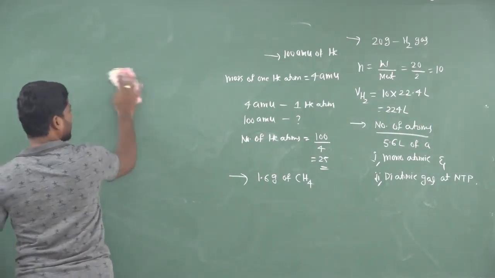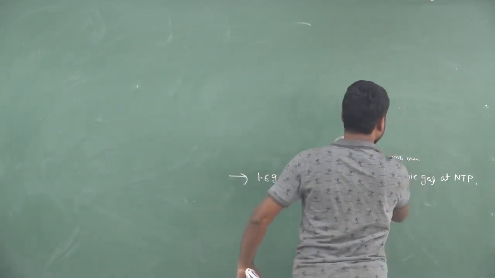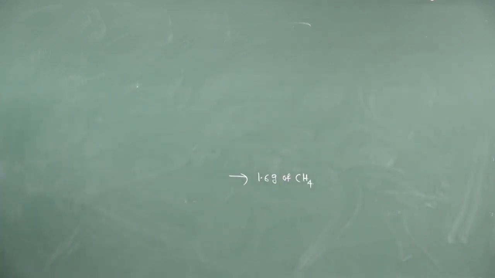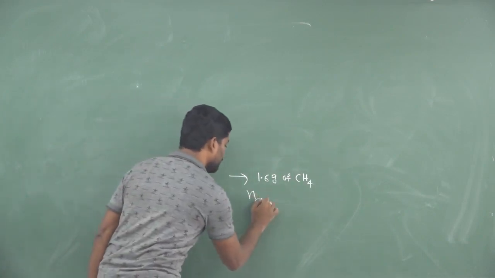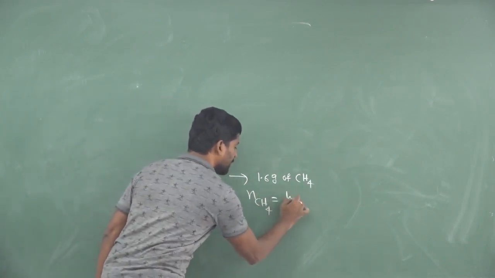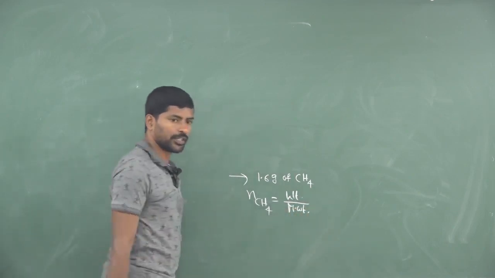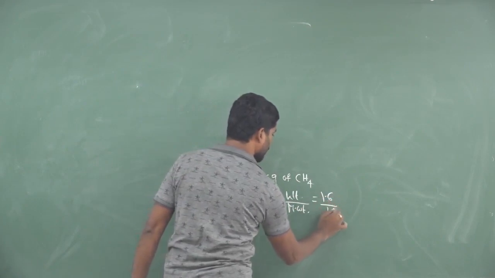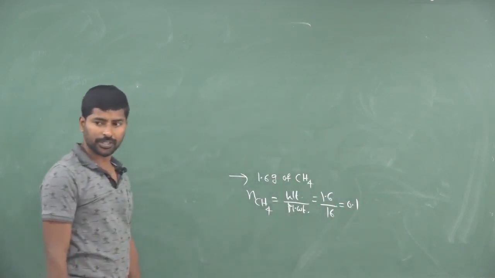How many moles? 0.1 moles, right. Number of moles of methane is equal to weight by gram molecular weight. So 1.6 by molecular weight 16 gives 0.1 moles.